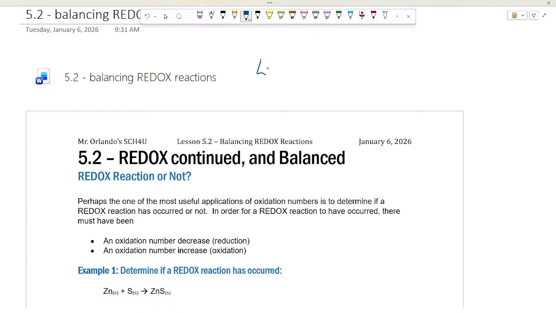We said, LEO says GER, or OIL RIG if you like, which means that the thing that loses electrons is oxidized, and the thing that gains electrons is reduced. And those always come in pairs, because if something is losing electrons, something is gaining them. So these come in pairs.